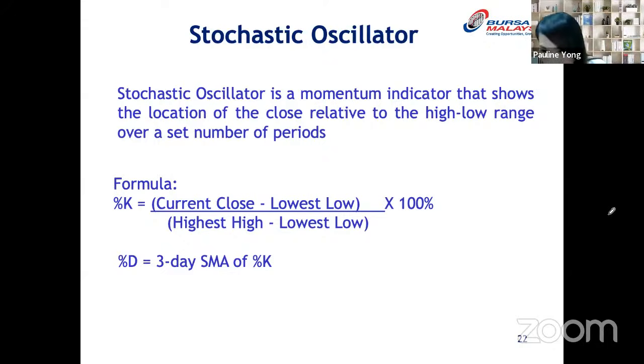In order to answer Wee Han's question, another person actually asked the same question. When we're using 5 days or 10 days or 20 days, it depends on our time frame, whether you want to trade for short term, medium term or long term. So 5 days is a very short term trade.